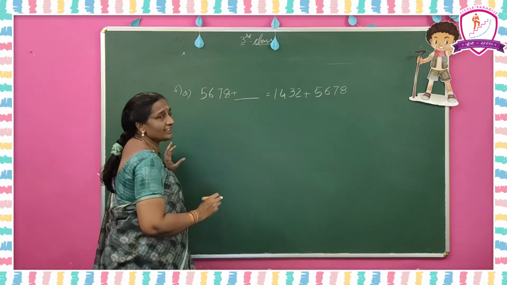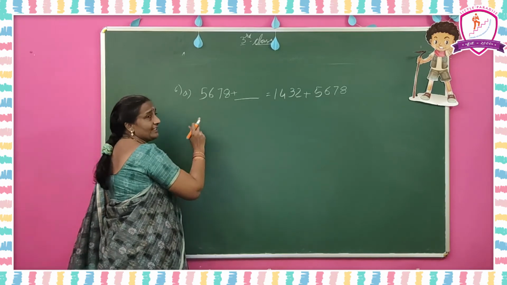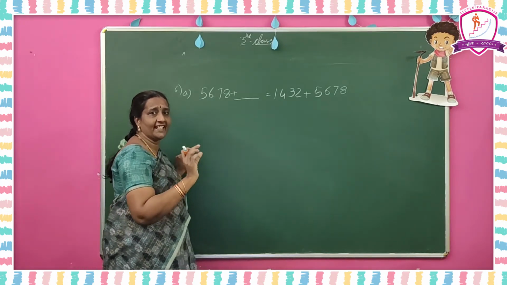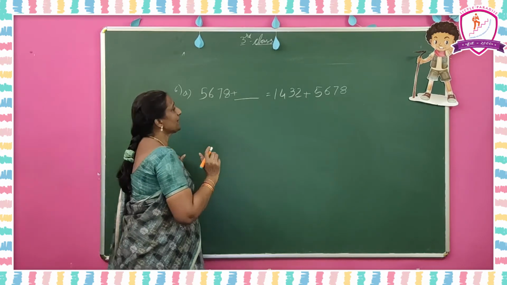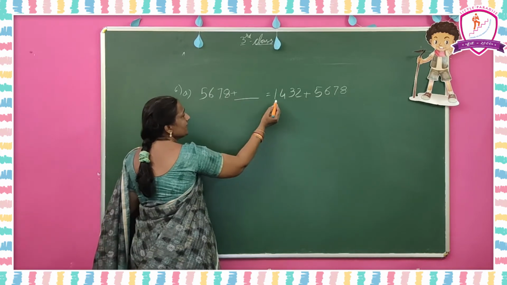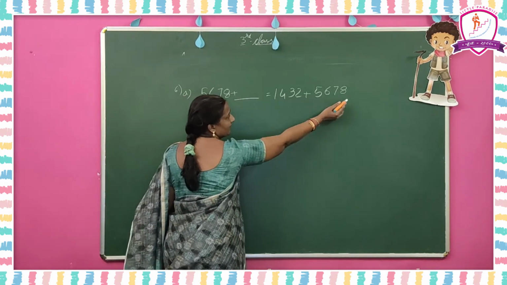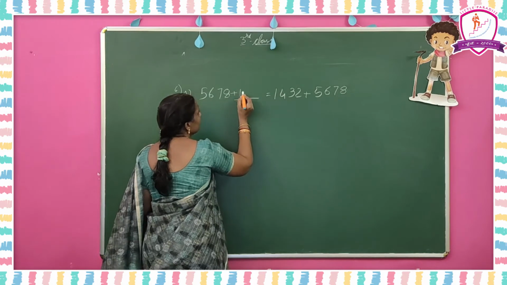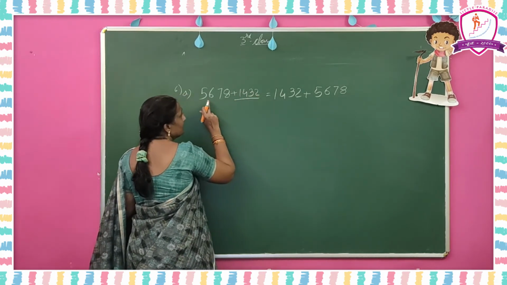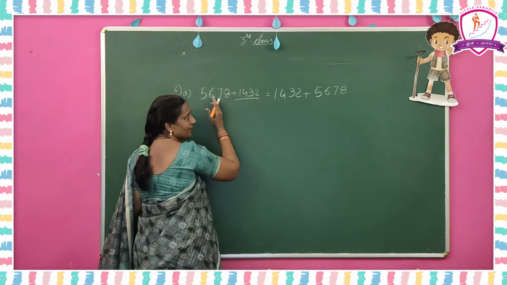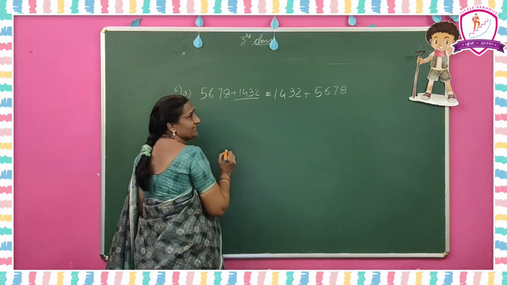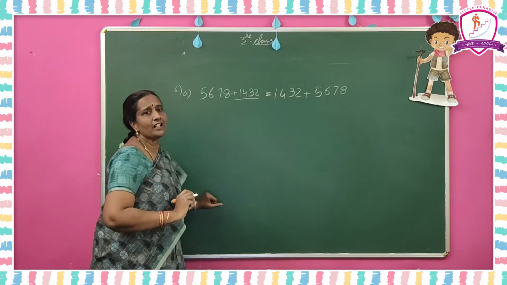That means what is the order? Here we are using order property. If we add two numbers in any order, the sum will remain same. Here 5678 plus dash is equal to 1432 plus 5678. That means here we write 1432. We reverse the order of the numbers. Equal to means the sum will remain same. Here we are using order property.